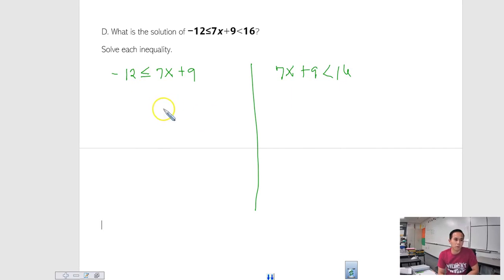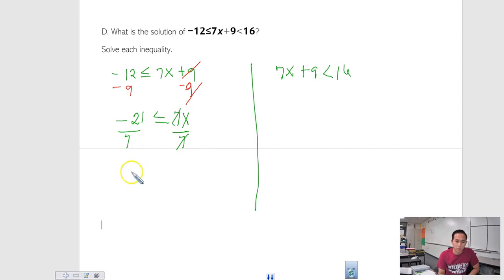Let's solve the first one. We subtract 9 from both sides, because we are combining like terms here, so the 9 will be canceled out. So we have negative 21 is less than or equal to 7x. Then I'm going to divide by 7, because 7 is the coefficient of x.